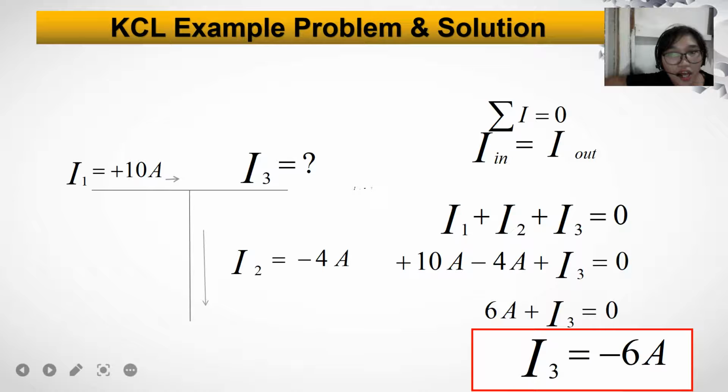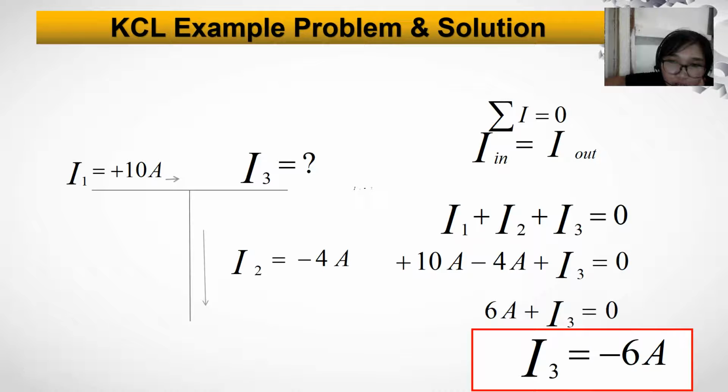If you find the current, you have to label it ampere. If you find voltage, you have to put the volt sign also. So why is it negative 6 A? It's not negative 6 A because there is no negative sign here.